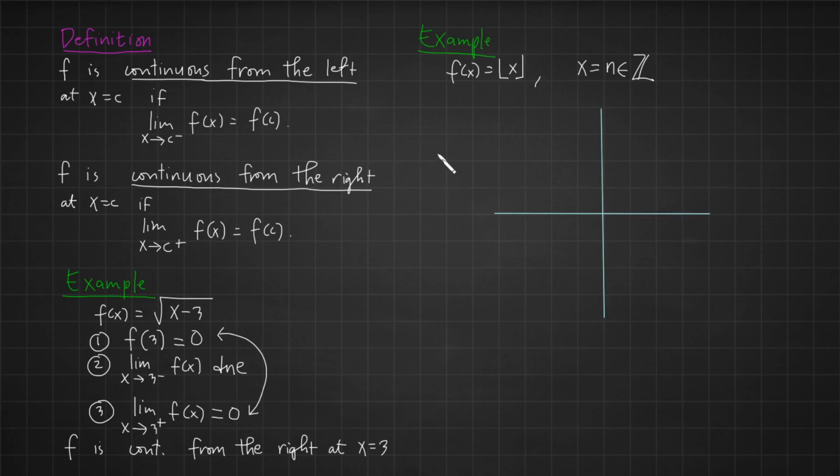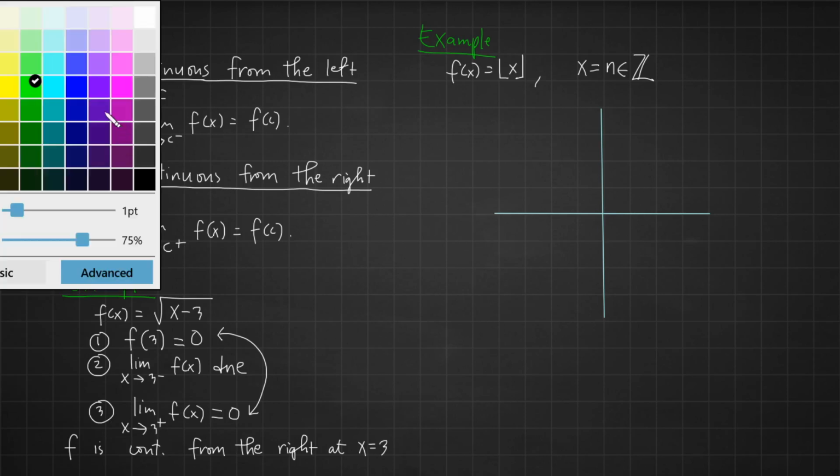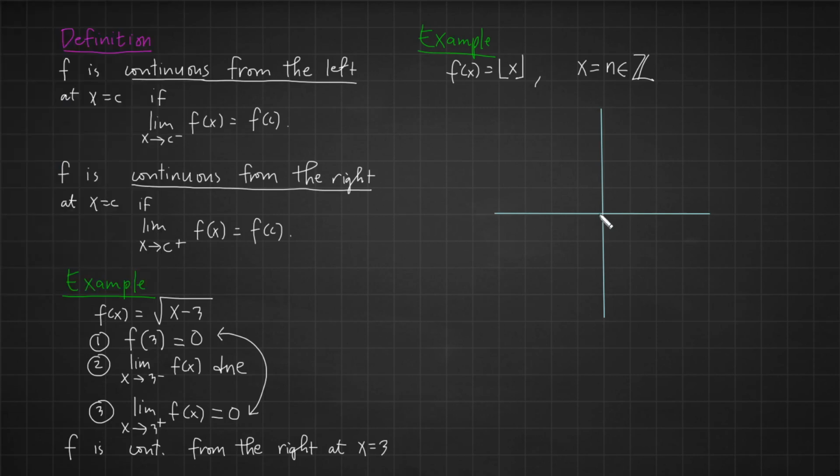Okay, I'm going to start at 0. Well, the floor of 0 is equal to 0. Ayan. Let me use a different color para kita. Maybe yellow or red. Red. Okay.